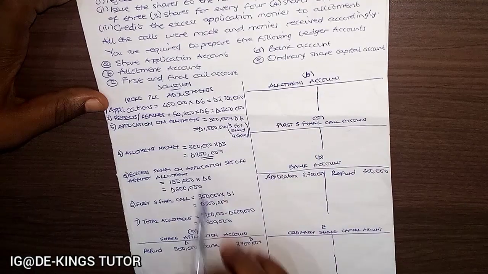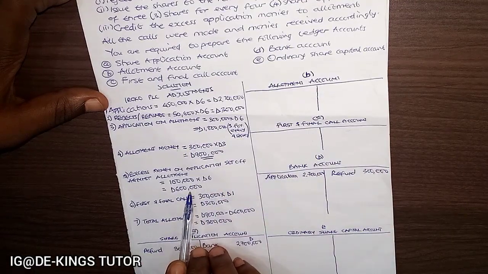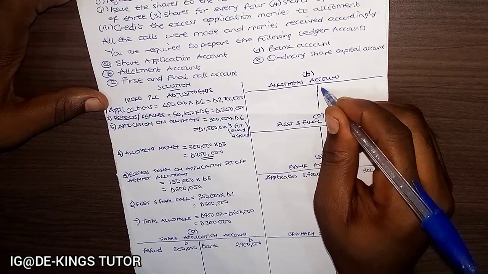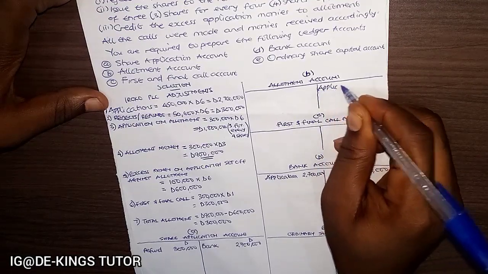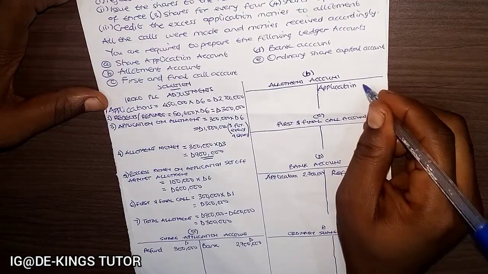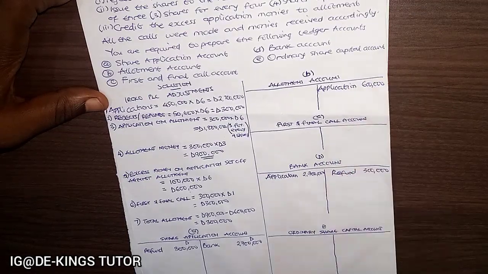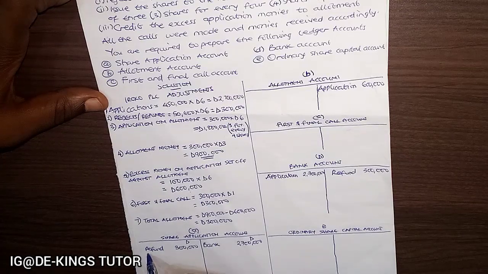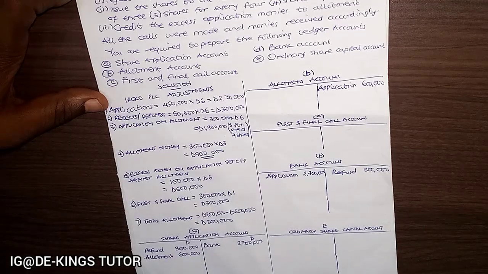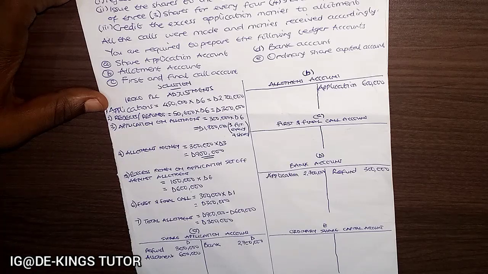So excess application money is 600,000. So it said credit it, that's the setup. So we'll come here on allotment, application 600,000. Corresponding entry comes here, so allotment 600,000.